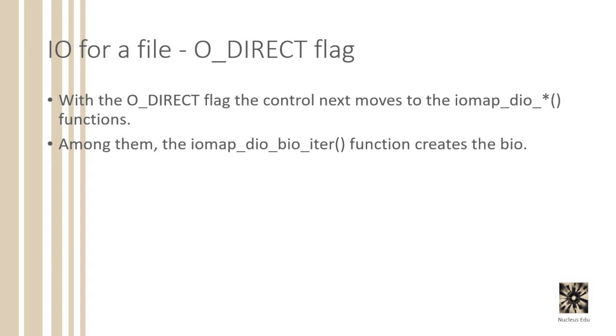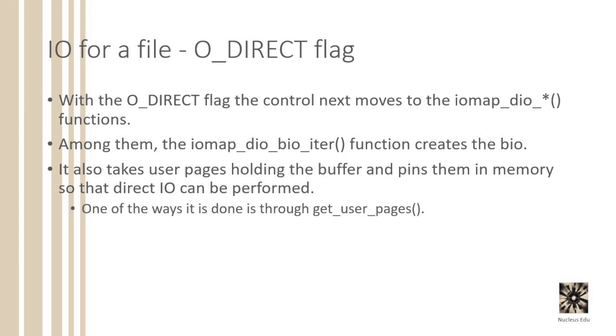Among them, one of the important ones is the iomap_dio_bio_iter function, which creates the bio. What it also does is it takes the user pages holding the buffer and pins them in memory so that direct IO can be performed on them. And one of the ways of doing that is through get_user_pages.